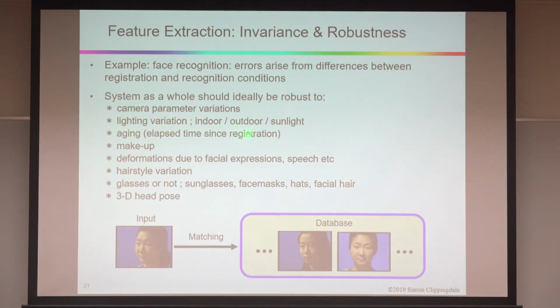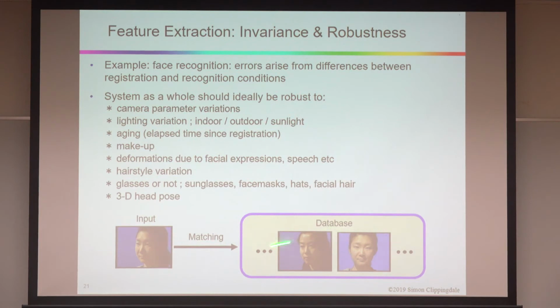Aging, if you register somebody and then 10 years later you try to recognize them, that's difficult. Makeup, facial expressions, hairstyle variations, sunglasses, etc. And 3D head pose, the angle of rotation of the head, is a big issue.